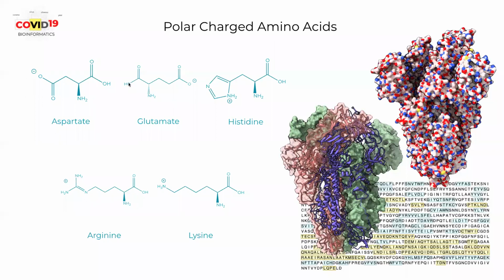Oftentimes the mechanism of that action is going to be produced by way of the different types of amino acids. And so as you go through, you'll find that a lot of these residues are going to be very important for that.